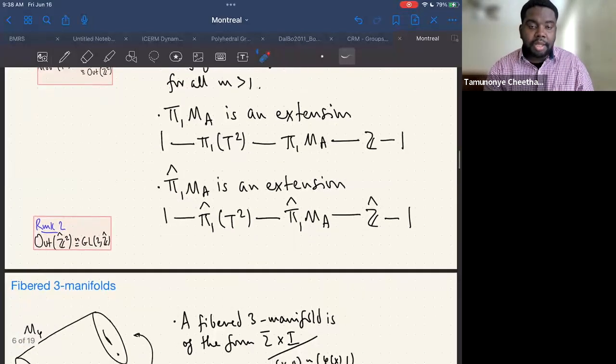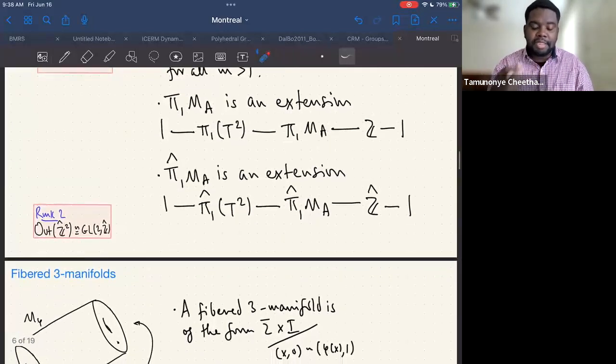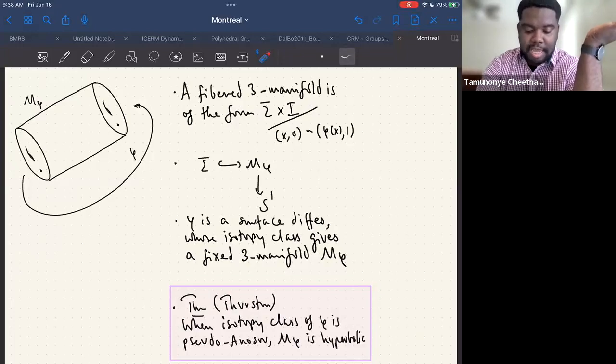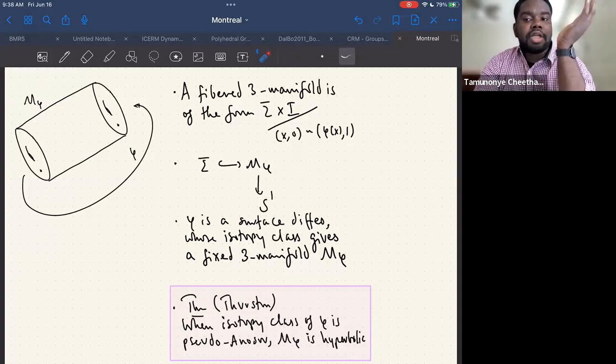And so as is implicit in the title, I'm considering today fibered three manifolds. And so I'm always thinking today of things of the form sigma cross I, where you're gluing by some monodromy. I'm thinking about hyperbolic things. And so the surface monodromy I'm going to use to glue is in a pseudo-Anosov isotopy class. Okay.